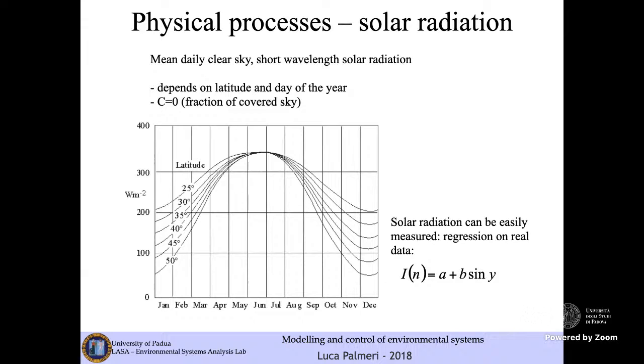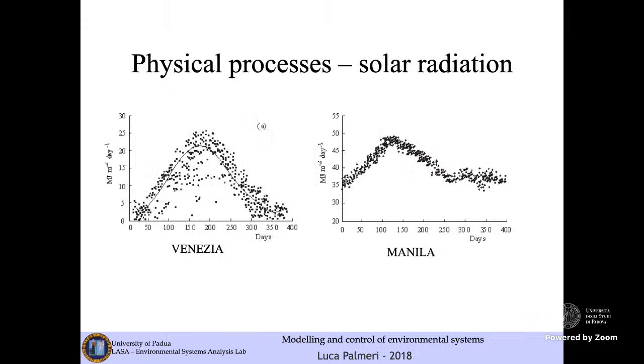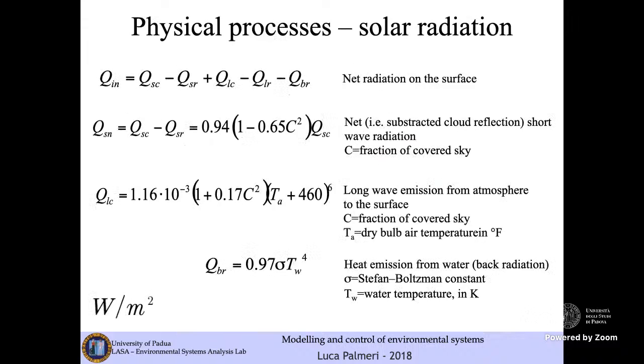So a sinusoidal model depending on the yearly angle and on the two coefficients A and B. So this I_n is the quantity of radiation arriving on the ecosystem on day n.